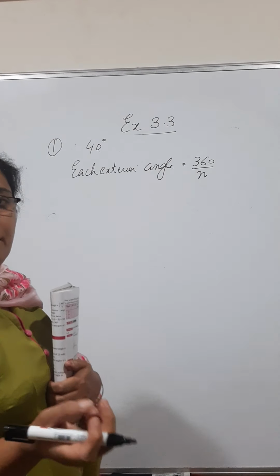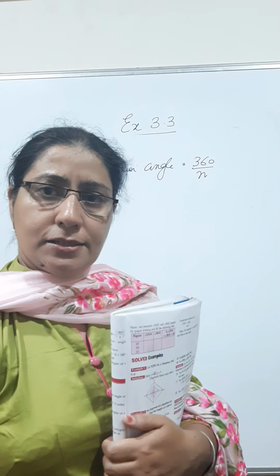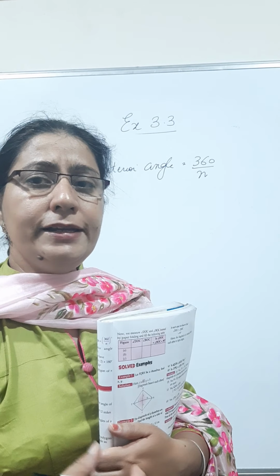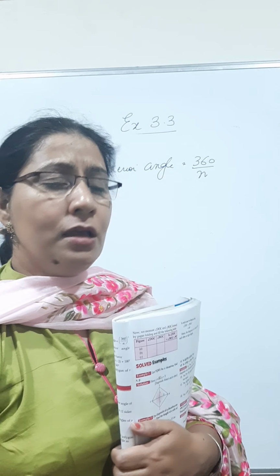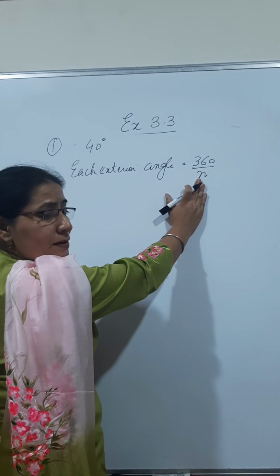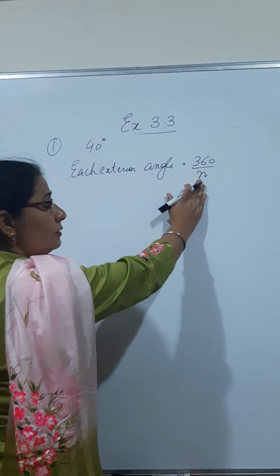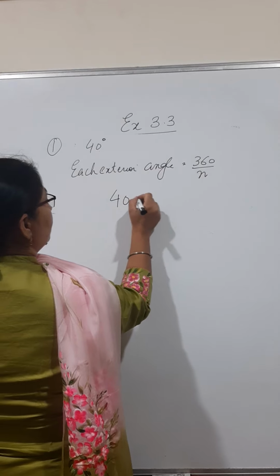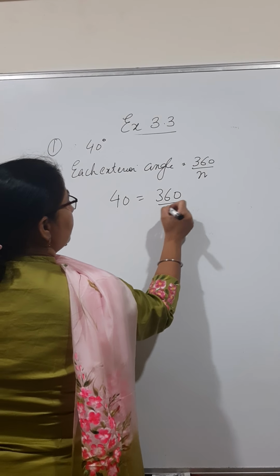Now what is the logic, beta? N is the number of sides, and the number of sides cannot be negative or in decimals. So when you solve it, you should get a positive integral value for n. Then the polygon is possible, otherwise it is not possible. So put 40 in place of each exterior angle: 40 is equal to 360 divided by n.